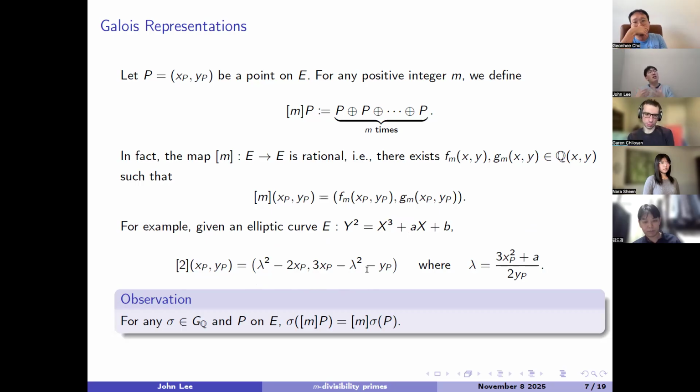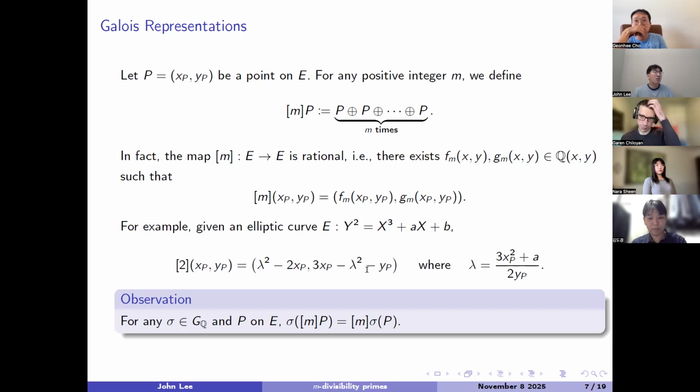However, if you try to write down the multiplication by m map in general as a rational function, it becomes pretty complicated. So here are 2 relatively easy cases. But if you are very ambitious and try a higher number, it can be very hard. But the important thing is that, regardless, the coefficients are rational.